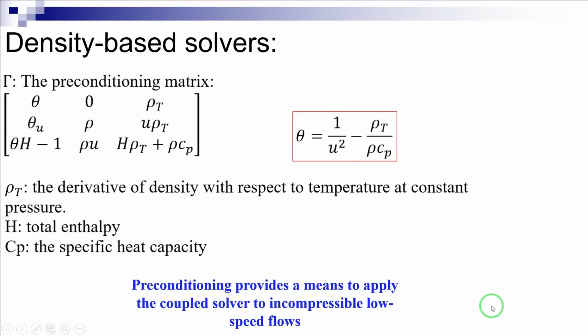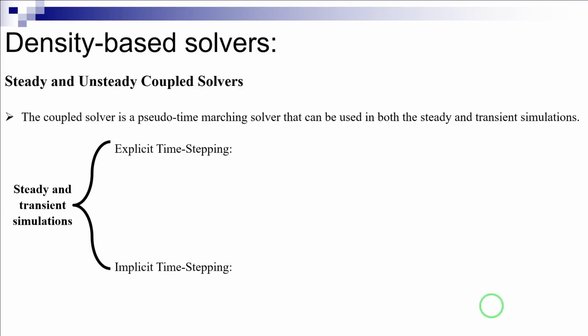Steady and unsteady coupled solvers. The coupled solver is basically a pseudo-time marching solver that can be used in both steady and transient simulations. For both, the time marching can be performed using either of the following methods: explicit time stepping or implicit time stepping.